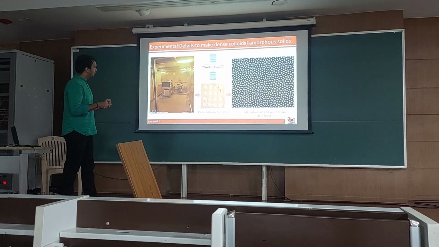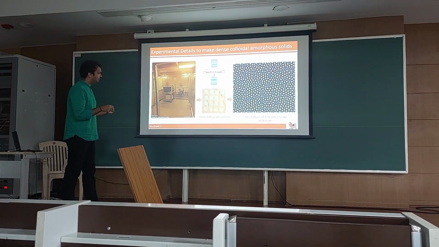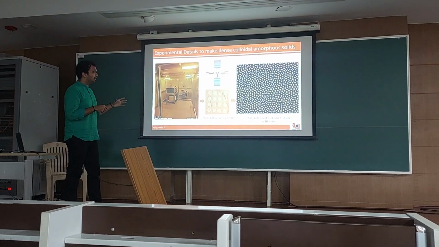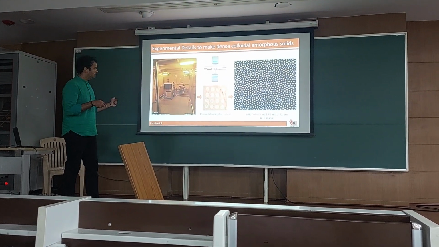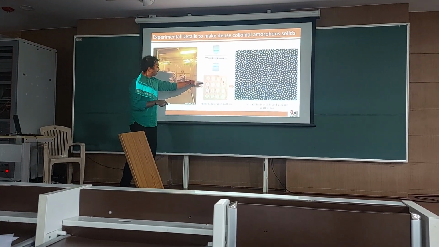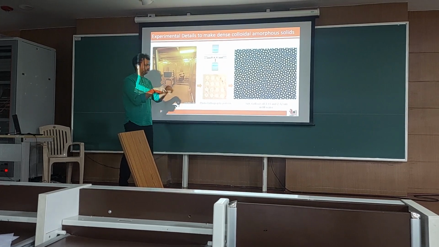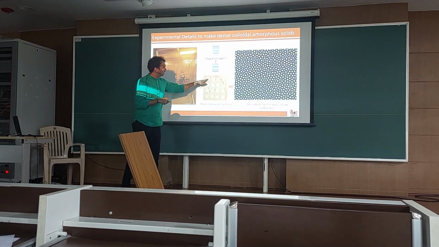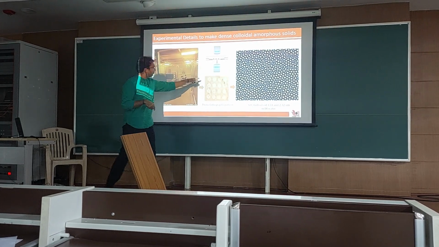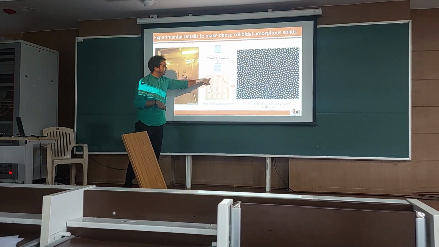So we create these circular wells with this pattern from lithography to make a dense colloidal system. The height is 1 micrometer, and the inner well is 300 micrometer. We create one more ring, and the whole thing is 500.